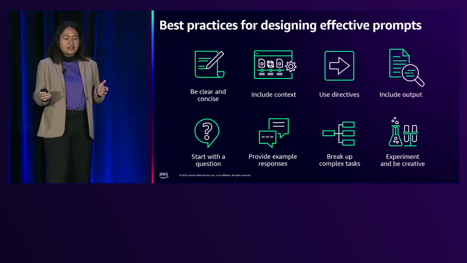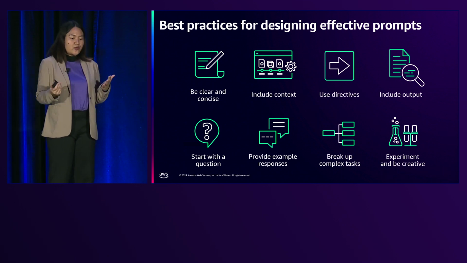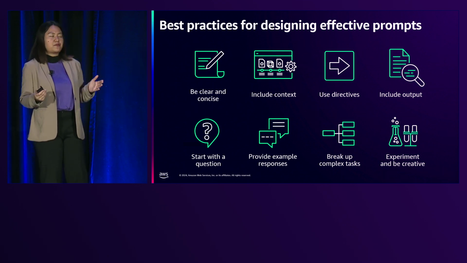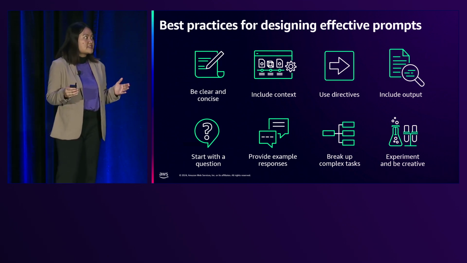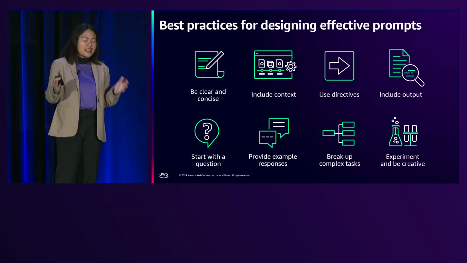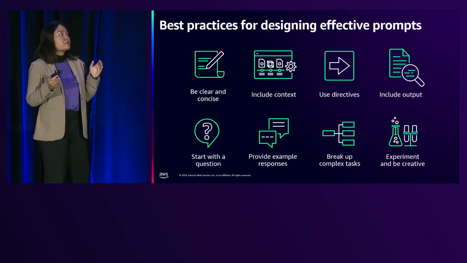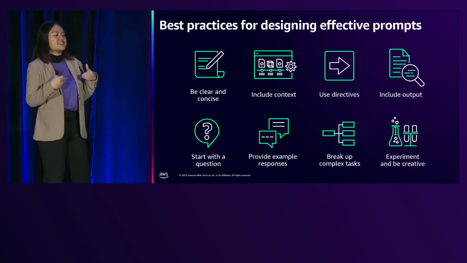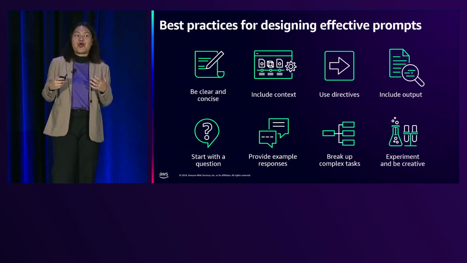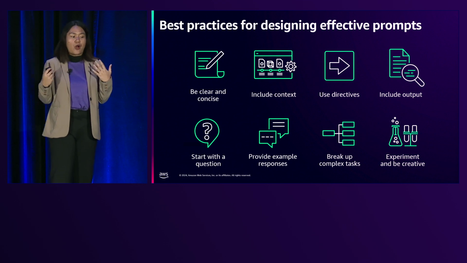The next one is that you can also include the context. If you need to summarize or create a 500-word essay, make sure you provide the context inside the prompt, so that way you can generate a better output.